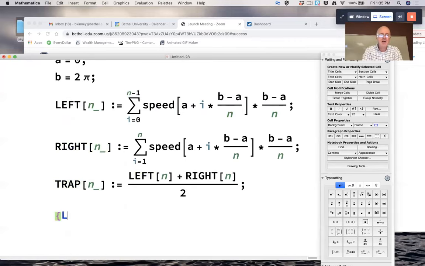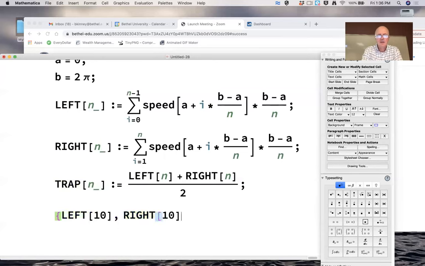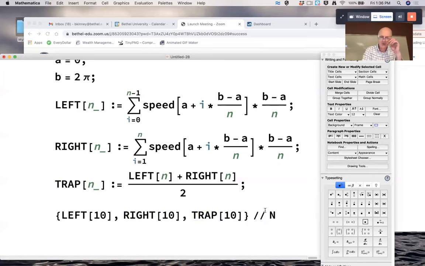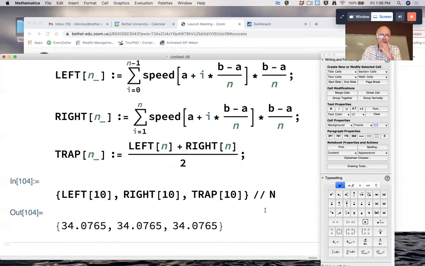And we can now look at all these values, say when n is, let's not use 100, let's use 10. And I'll put the slash capital N at the end to approximate them. What's wrong? Something's wrong.